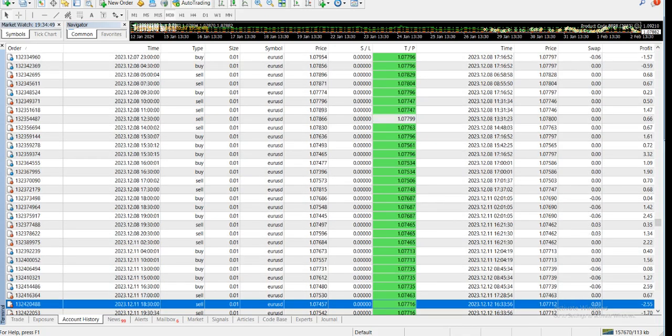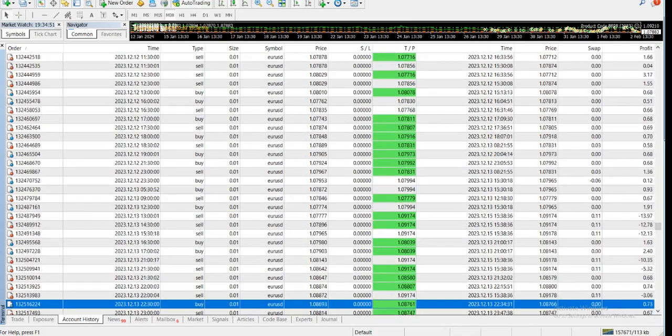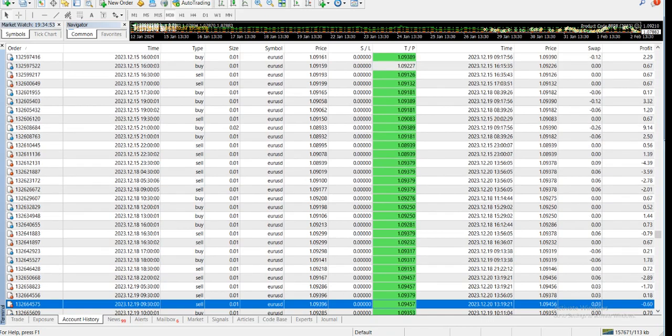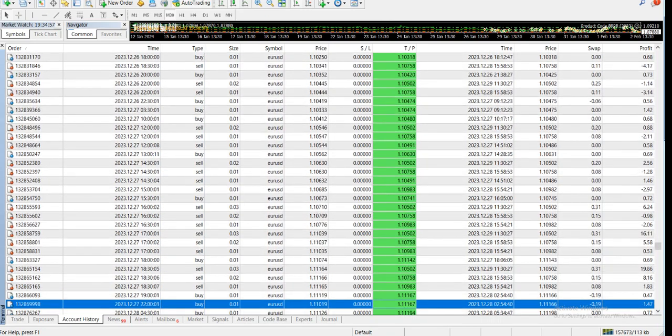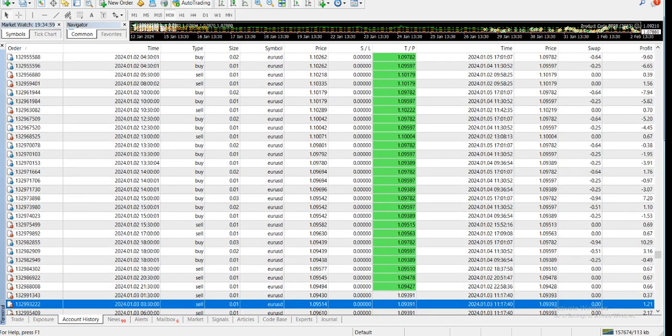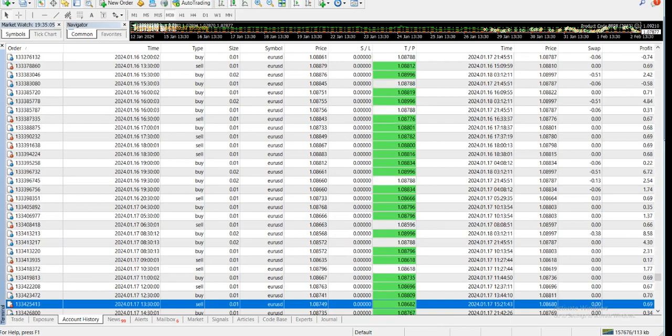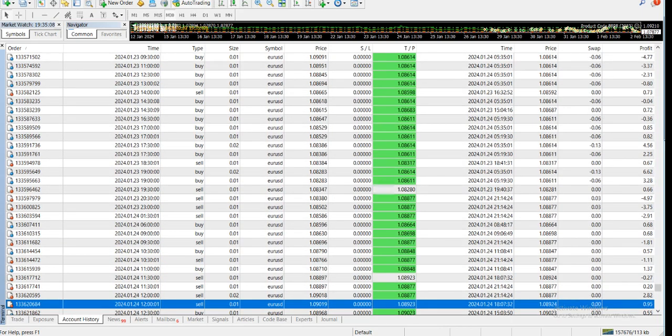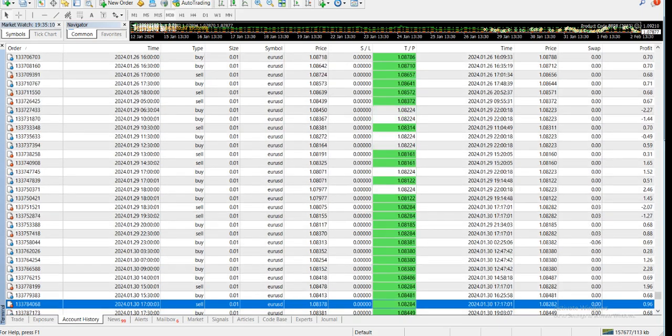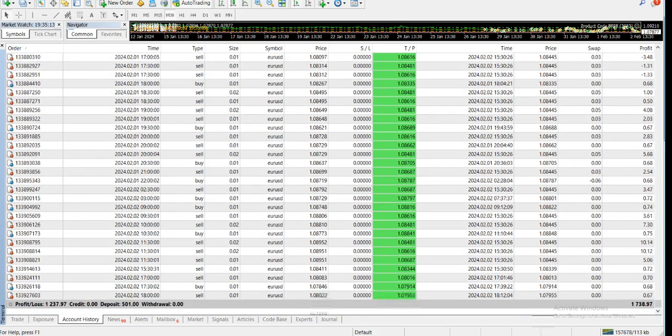I still have to calculate the number of weeks, but it should be around 25 to 26 weeks, I guess. Okay, so we made a profit of 1237.